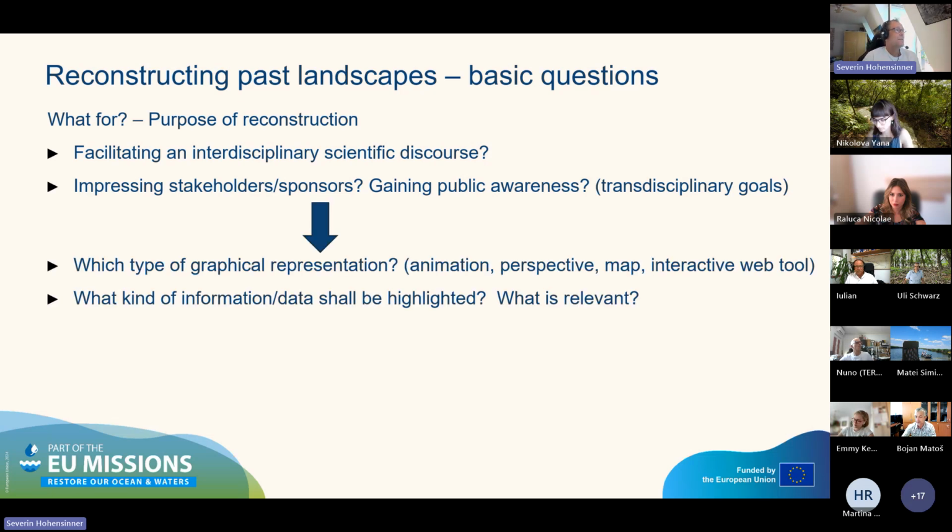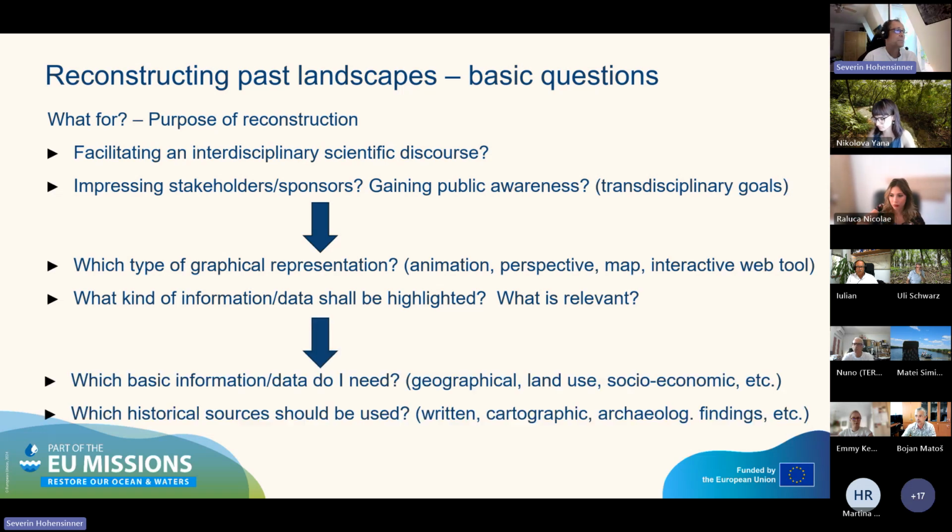Then the question arises, which type of graphical representation should be the final output? Should it be an animation, a topographical perspective, a map, or an interactive web tool? What kind of information or data shall be highlighted? What is relevant for our purpose?